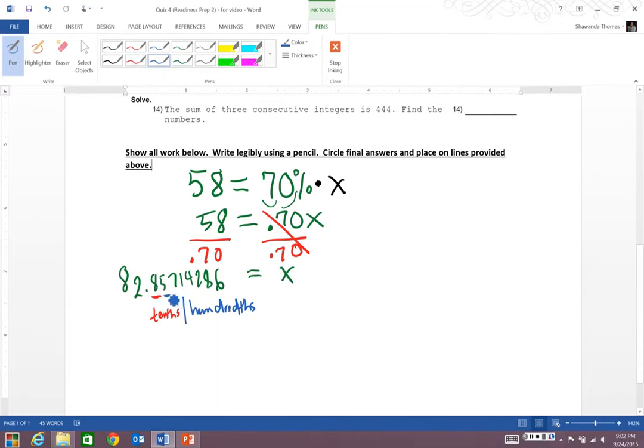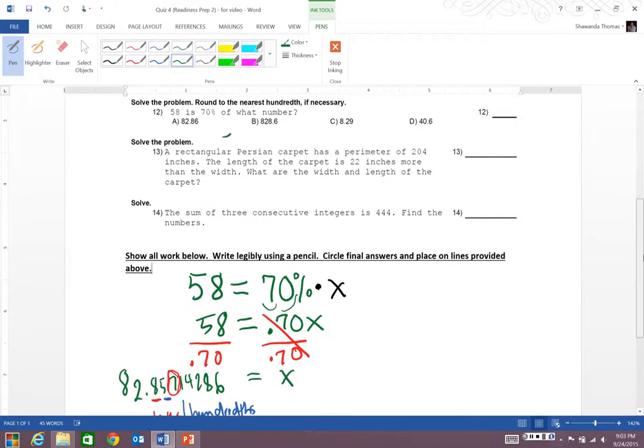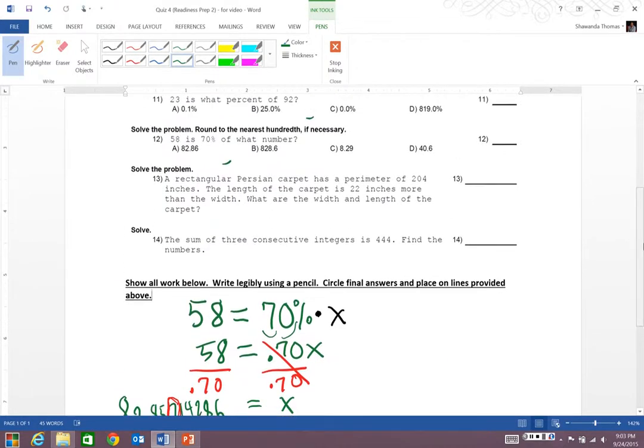So we need two numbers after the decimal since it said round to the hundredths place. In order to accomplish that, since the number to the right of the 5 is 5 or more, we will add 1 to the 5. Therefore, our final answer is x equals 82.86. Is that an answer choice? Yes, it is.